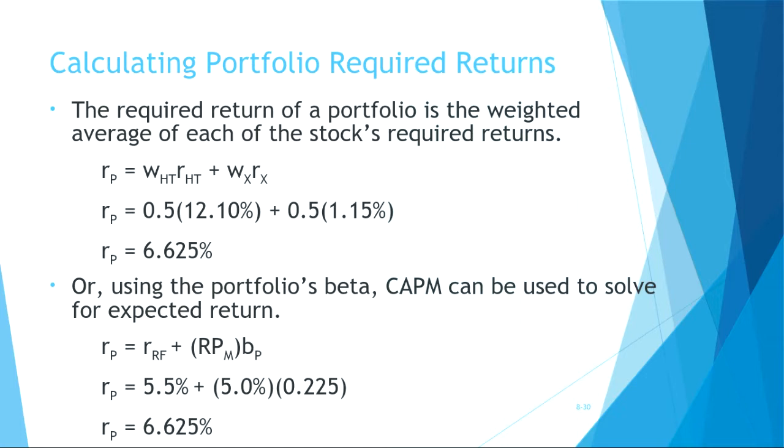The other one is if you know the required return of a single asset, which is for high-tech companies 12.10 and the company X is 1.15, your 50% portfolio, again, you end up with the same number. So you have two ways to calculate your required return.